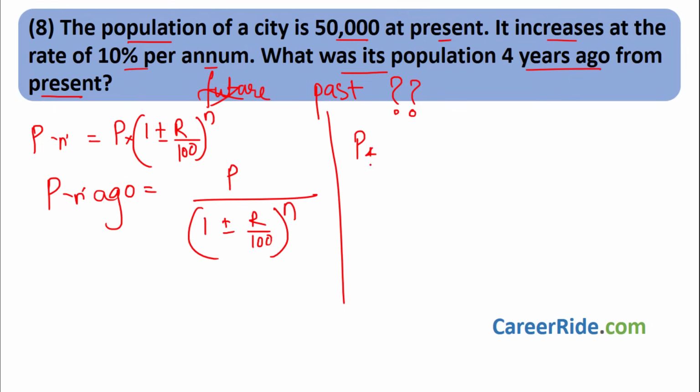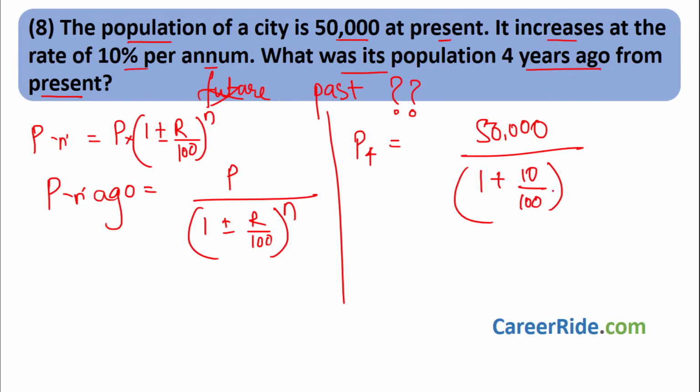We have P of 4. Present population is 50,000 divided by 1. Since population was increasing every year, from 4 years ago to 3 years to 2 years to present, it was increasing at the rate of 10% per annum. So we'll have plus 10 upon 100 over here, raised to 4. Now what would that give us?